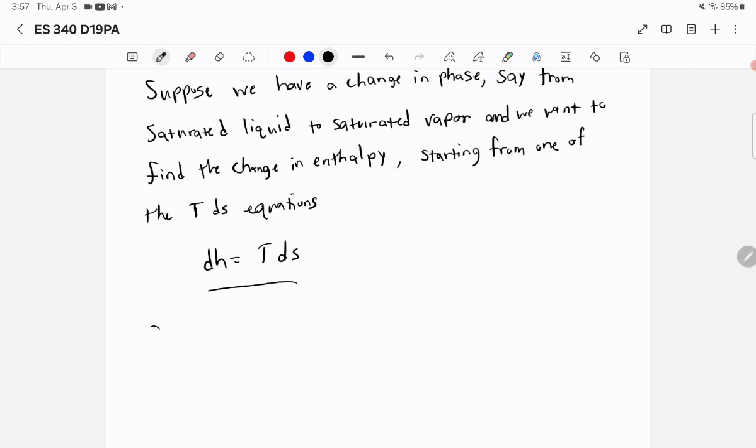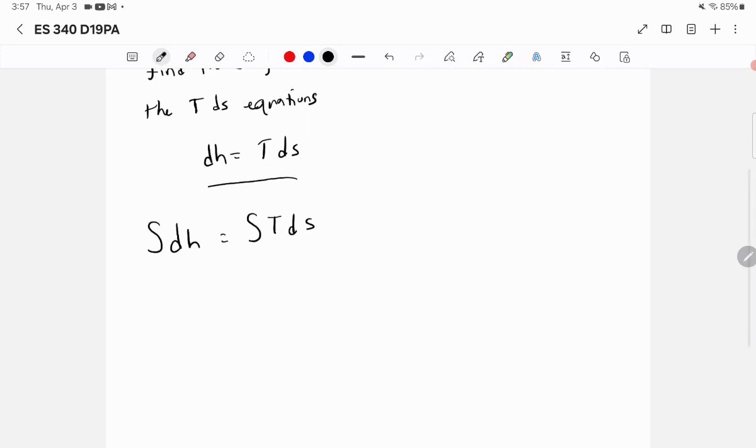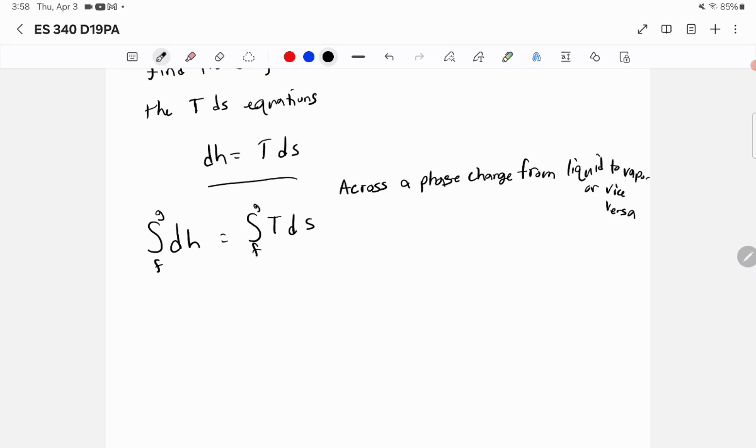If I integrate this, going across a phase change from liquid to vapor, or vice versa, let's say f and g will be liquid and vapor, as is denoted in your book.